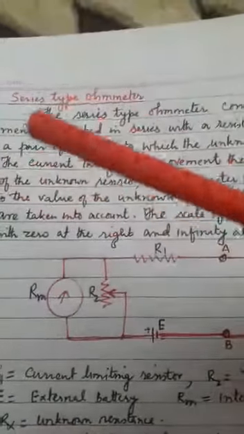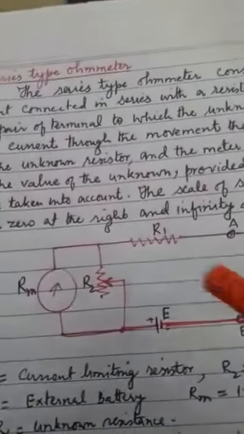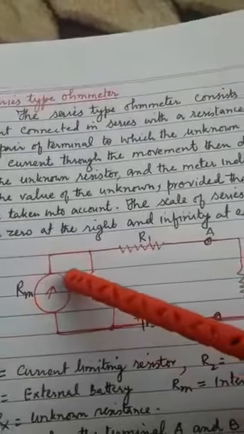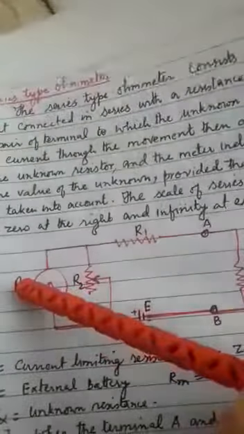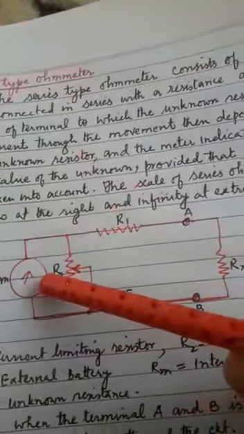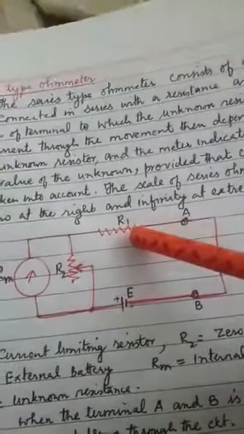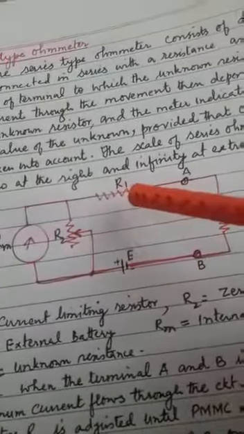Series type ohmmeter. What happens in this series type ohmmeter? This is the D'Arsonval meter. The internal resistance of the D'Arsonval meter is Rm. It is connected in series with the resistance R1, which is known as the current limiting resistance.